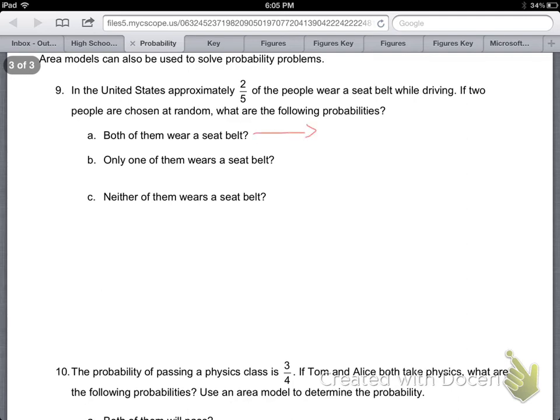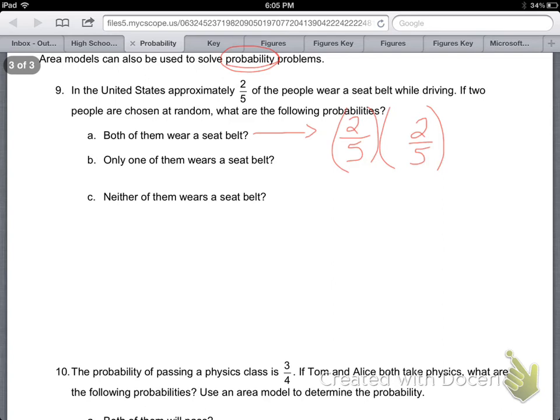Well, if they both wear seatbelts, then that's 2 out of 5 people, and another person is also that 2 out of 5. Now, with probability, you always multiply. Kids always get messed up that you always multiply. 2/5 times 2/5. You can simply put it in the calculator, which is no problem.